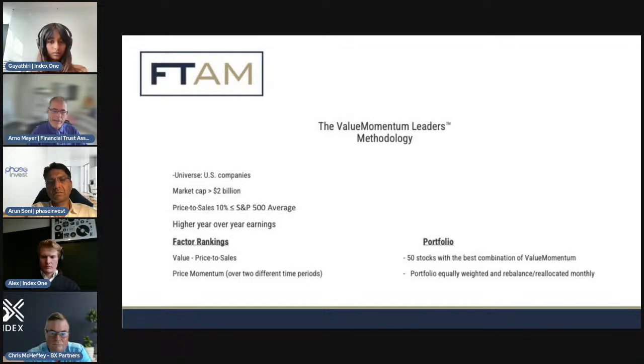So a little bit on the market cap of $2 billion or greater: while we can focus on large, mid, and small, historically it's had all different sectors in it, but it's focused more on the mid to small cap sector within the market.